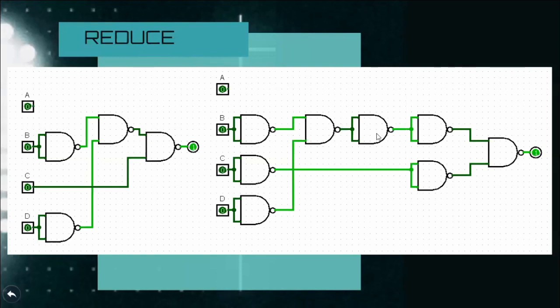We are negating it 2 times, so we can remove those 2 and have simply this OR gate right here, and we're going to get the same result. And that's the same thing with C. It's inverted here, and then we invert it again. So it doesn't need to be inverted, so we connect it directly to the final NAND gate, and we get this result, a reduced version of this circuit using only NAND gates.